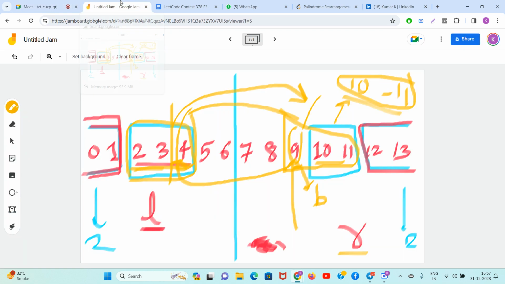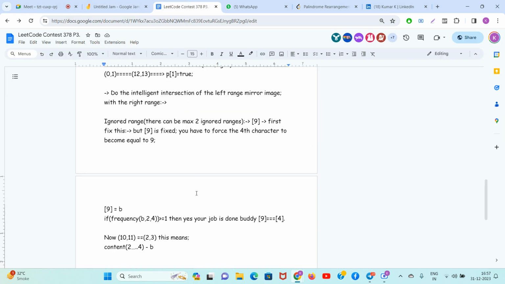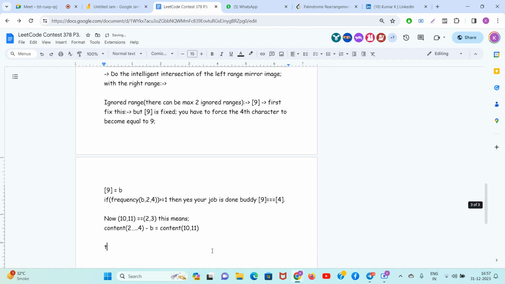You'll subtract 1B. If the content of 2 to 4 minus 1 occurrence of B is equal to the content of 10 to 11, just assume I have this direct function which tells me the content, then yes, the intersected ranges are also equal.